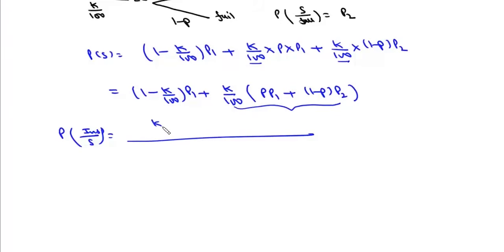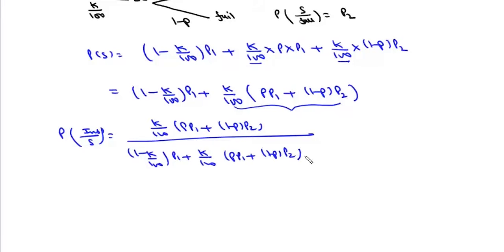So it will be K by 100 into [P1 plus (1 minus P) into P2] upon the total cases, which is (1 minus K by 100) into P1 plus K by 100 into [P1 plus (1 minus P) into P2], and that is the answer to this question.